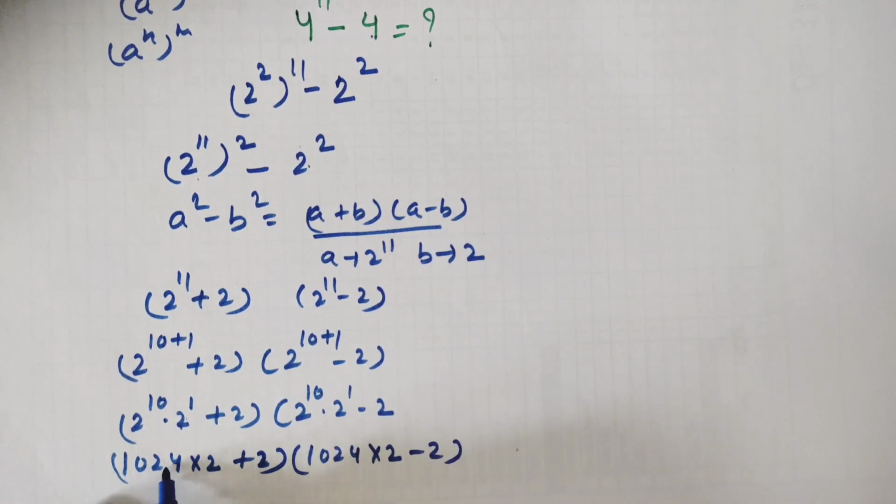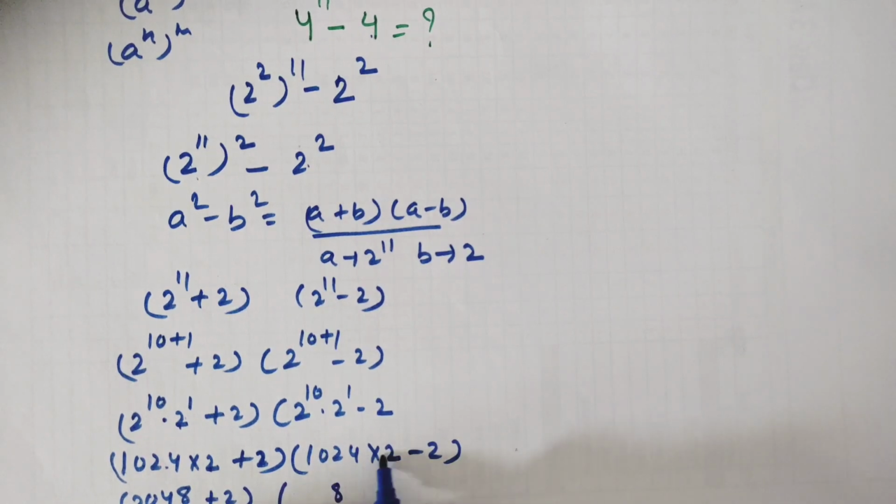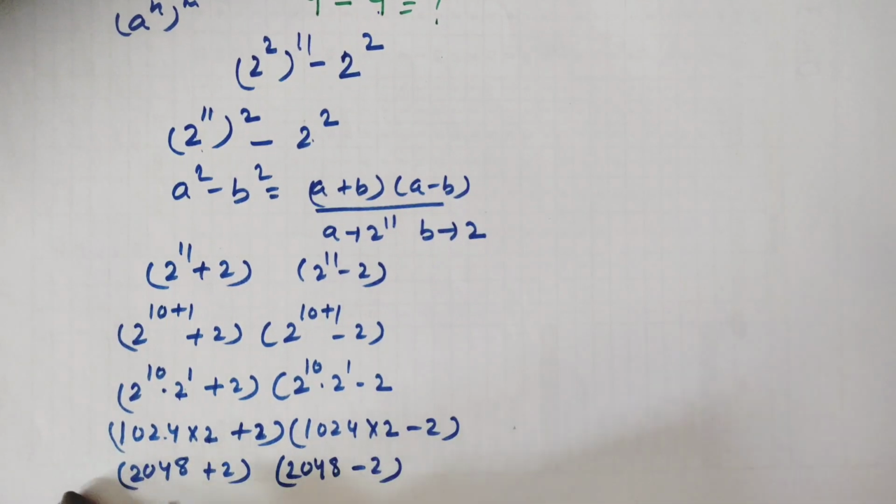Now 1024 multiplied by 2: 2 fours are 8, 2 twos are 4, 2 zeros are 0, and 2 ones are 2, plus 2. Similarly, minus 2. Now you can see 2048 plus 2 and 2048 minus 2.